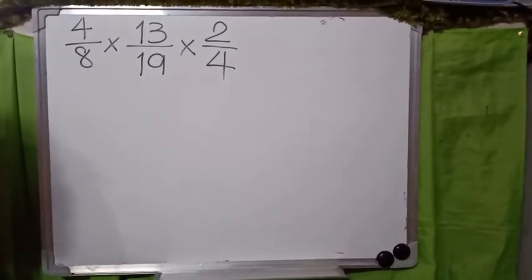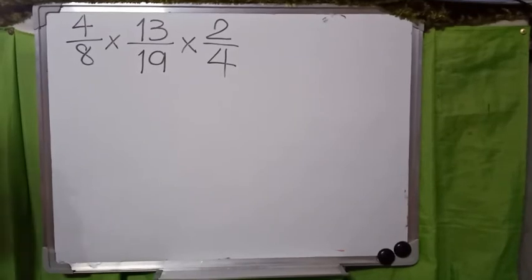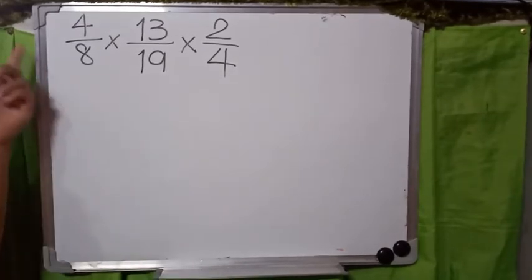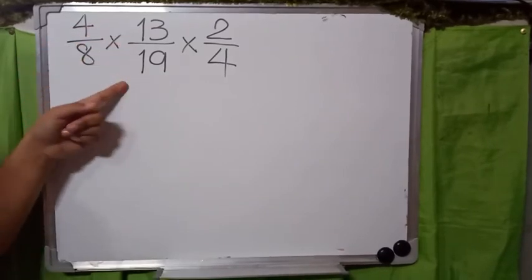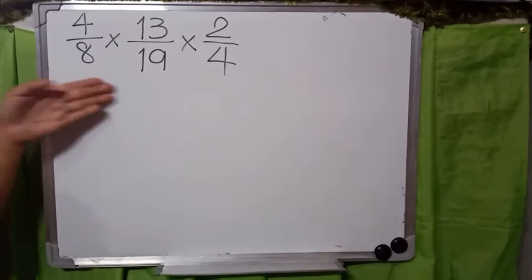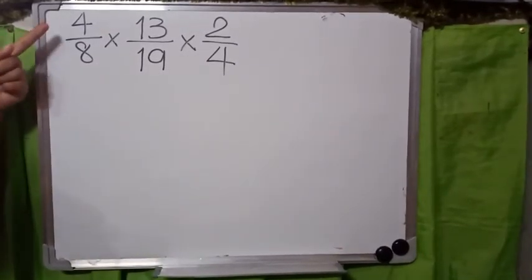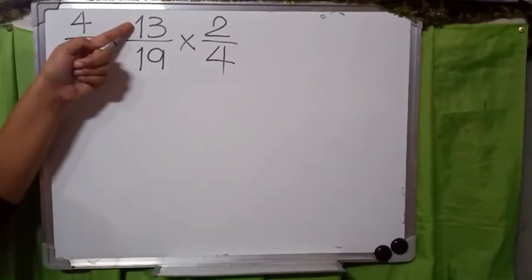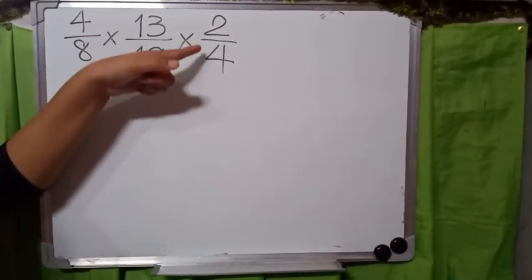So what if we multiply three proper fractions? We have here 4/8 times 13/19 times 2/4. Again, we have three proper fractions that we need to multiply.